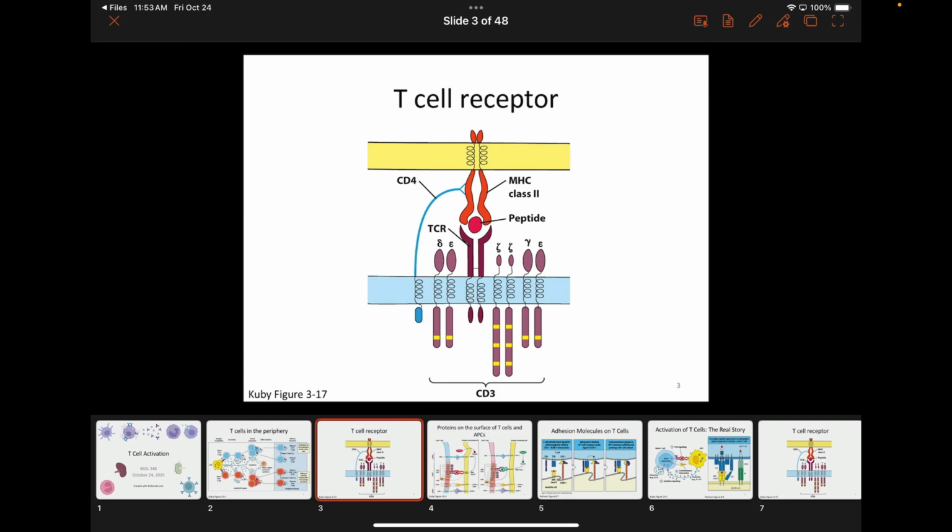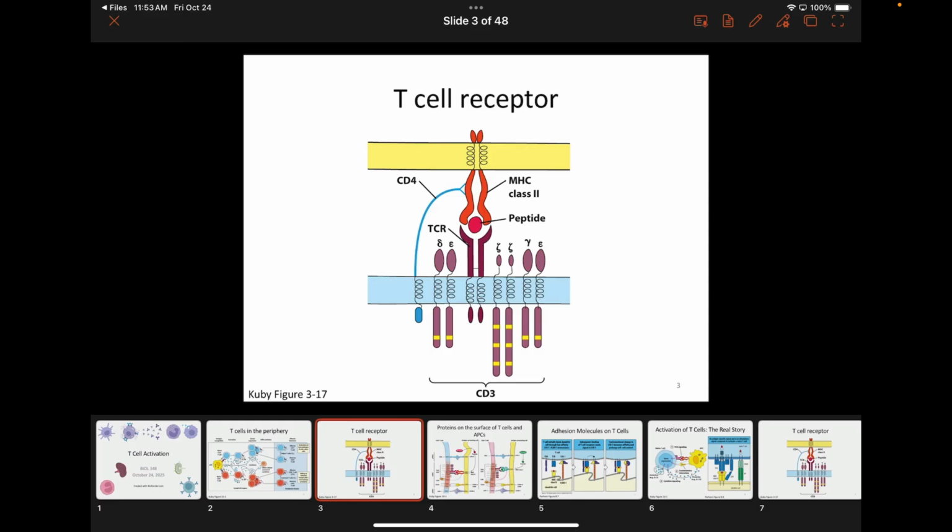Remember, the T cell receptor needed some partner proteins, including CD3, which was important because CD3 has some long cytoplasmic tails that provide ITAMs, which are tyrosines that get phosphorylated.